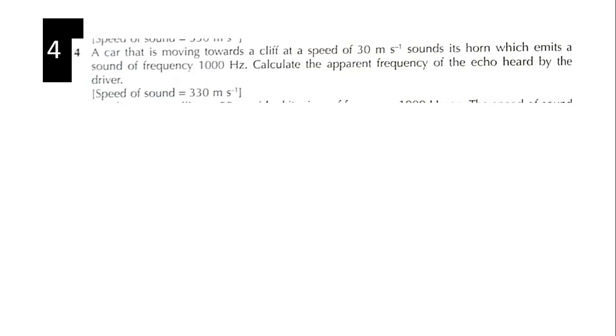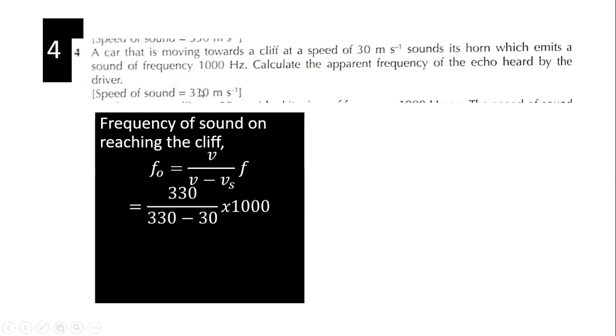That's the first step. Then after that, the cliff reflects the sound back, so treat the cliff as the source now. The frequency of sound on reaching the cliff is the apparent frequency F0. Remember, your observer is not moving, so that's the formula we use.